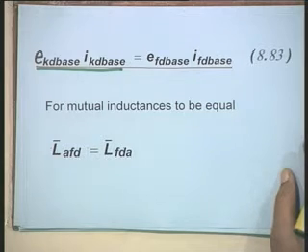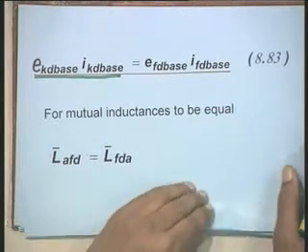Therefore, EFD base into IFD base, this product becomes the VA base for the field circuit. Therefore, this one condition we established, that if we want to make the mutual inductances between the circuits reciprocal, then this is the criterion required for choosing the VA base for this circuit.